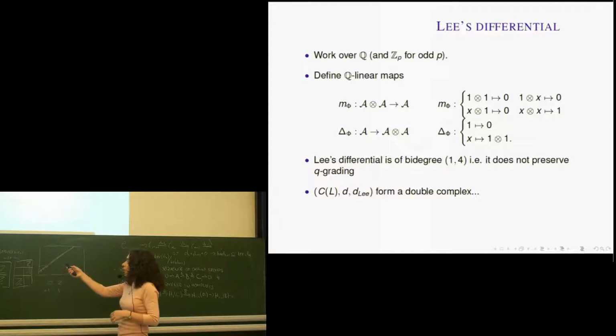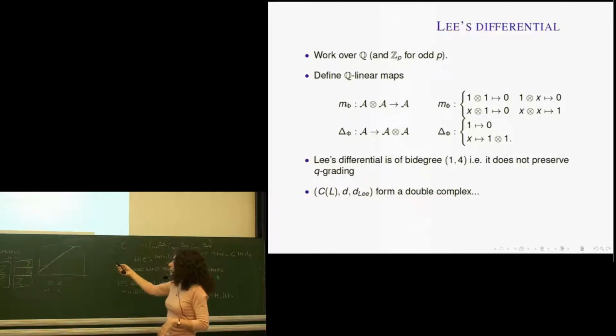There's multiplication and co-multiplication, the same as in Khovanov homology. But it's somehow very simple. You send everything to 0, except that x tensor x goes to 1. And remember, in Khovanov homology, it was kind of the opposite. x tensor x would go to 0, and everything else was non-trivial. And then here, 1 goes to 0, but x goes to 1 tensor 1 again.